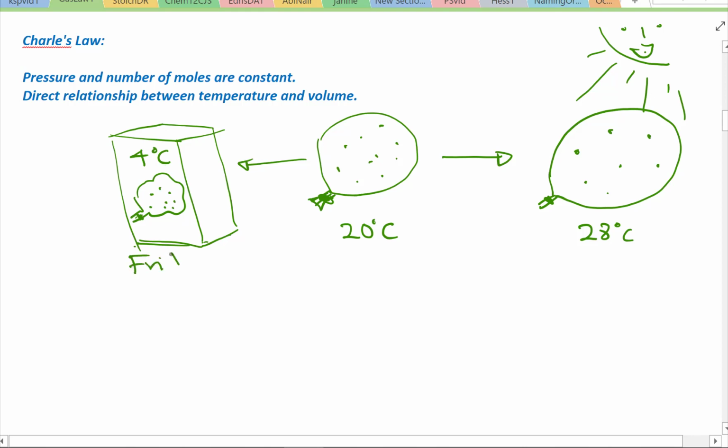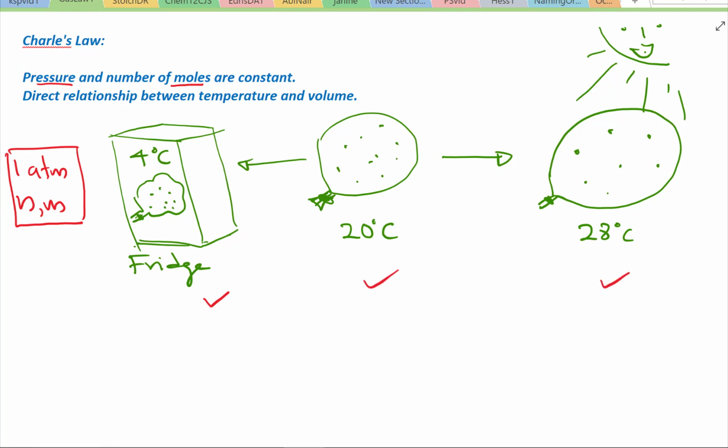So in the colder condition, the volume of the balloon keeps changing with the temperature as we increase the temperature. Another important thing: the pressure is constant, atmospheric pressure, and the number of moles and the mass are constant. The cold, the medium, and the heated temperatures will give you increasing volume, right?